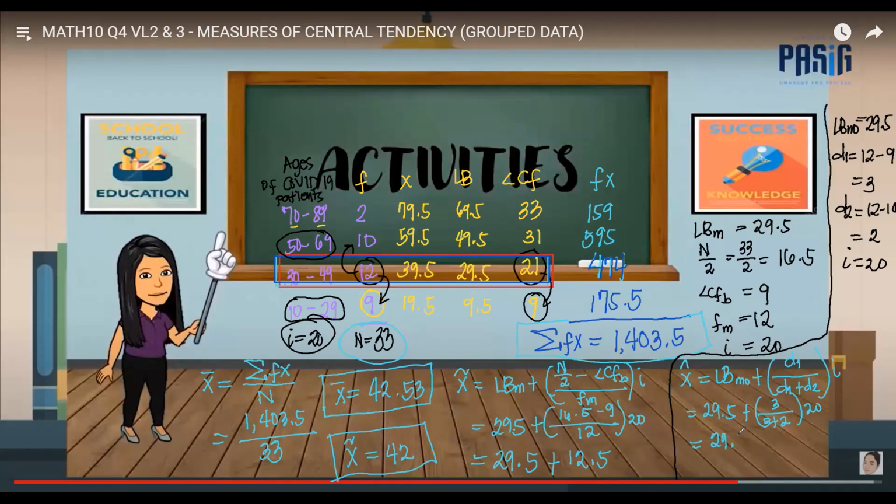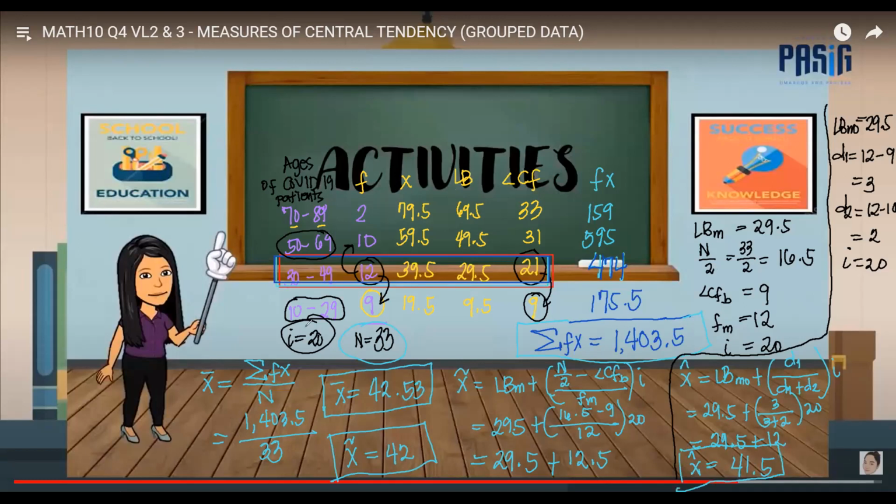So that is 29.5 plus 12, which is 41.5. So this will be our answer. So this is our mode.